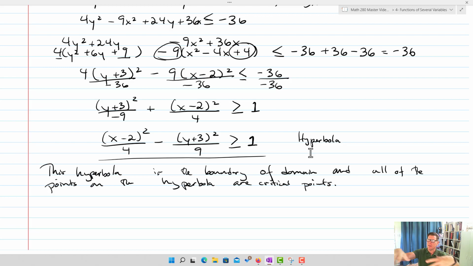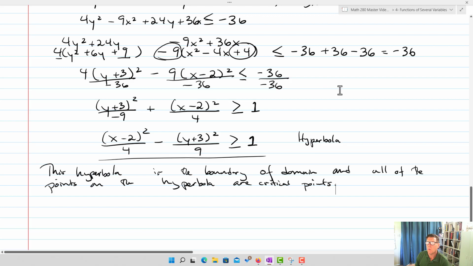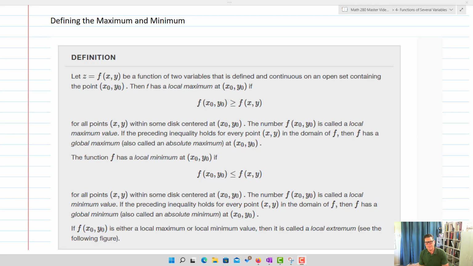But if we're on the boundary of the domain, we don't get either one, or we only get one of them. We're either going to get a left or a right. There's going to be, in this case, an infinite number of directions where we don't get any derivative at all. So these are still critical points. What we do know, from previously, is that these are not going to end up being our maximums or minimums. So now let's define our maximum and minimum.